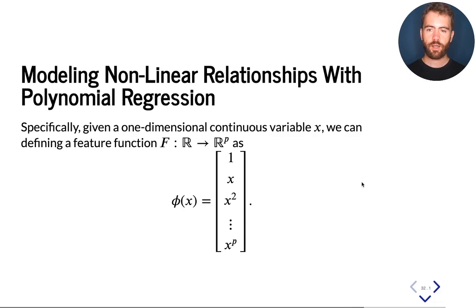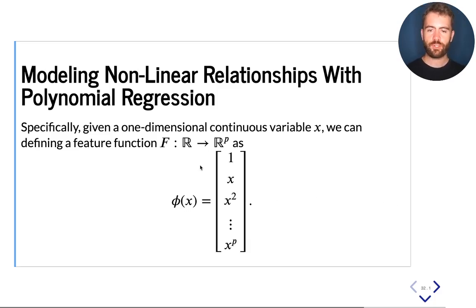Now, I would like to start by showing you how we can use our machinery for ordinary least squares to fit polynomials of arbitrary complexity to our data. So specifically, consider the following feature mapping for a one-dimensional input attribute x. Consider a one-dimensional regression setting in which we have training examples x and y, and x is simply a scalar.